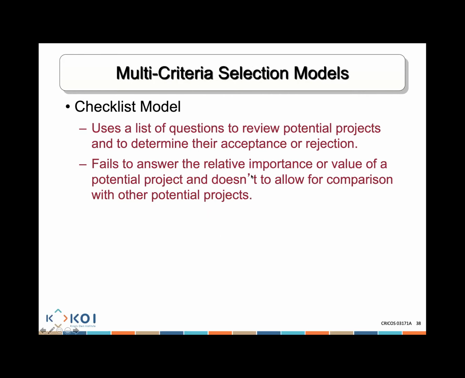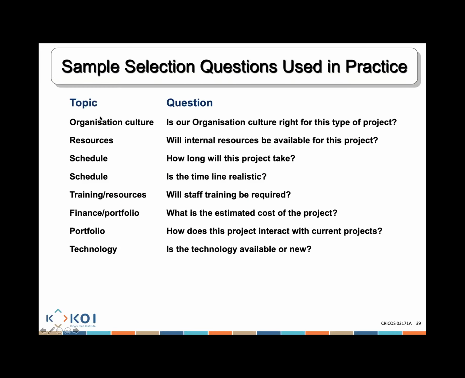A lot of times we use a checklist model. We answer a question, and based on this question, we try to see whether we should do a project. For example, I could ask a question about the culture of the business. Is our culture right for us to deliver this project? Will internal resources be available?